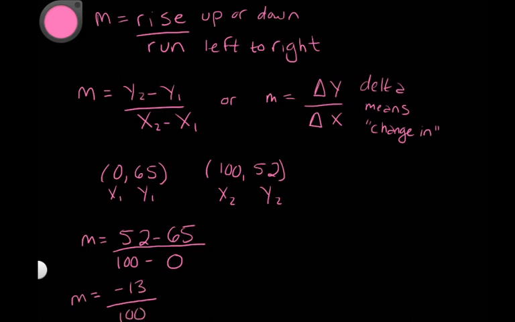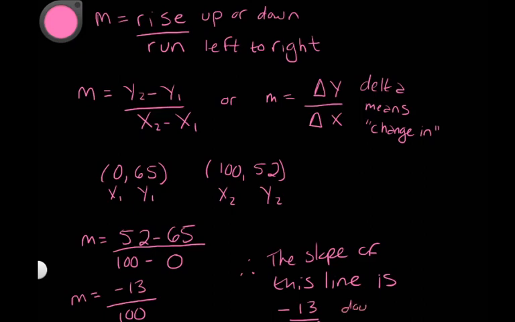So therefore, the slope of this line is negative 13 over 100. Okay, it's got a rise of negative 13, so it goes down by 13 and over 100. All right, so that's finding the slope of the line from 2 points using the slope formula.